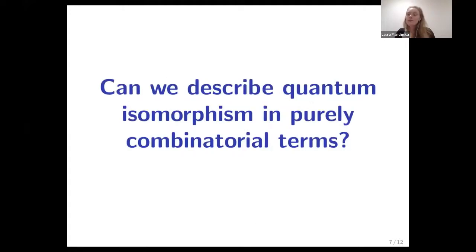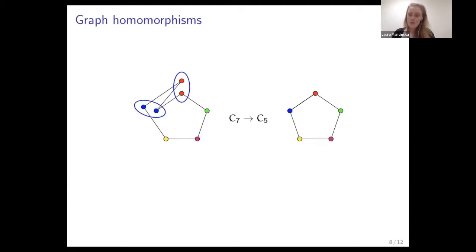Okay, so now that we've seen a little bit about this quantum isomorphism, we could ask, how about people who don't know anything about quantum information? Is there some way they can think about this quantum isomorphism? Okay, and it turns out that the answer is yes, and it is supplied by this notion of graph homomorphisms.